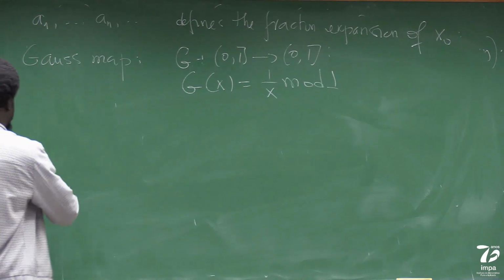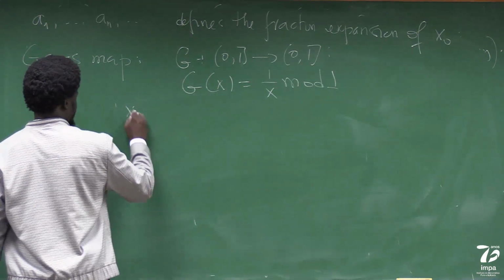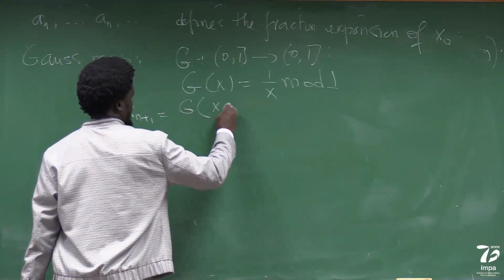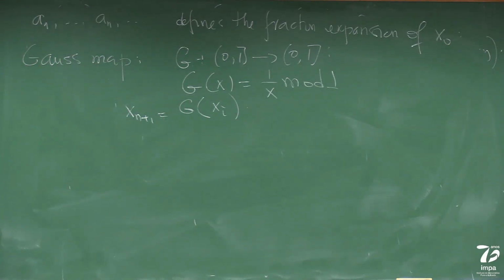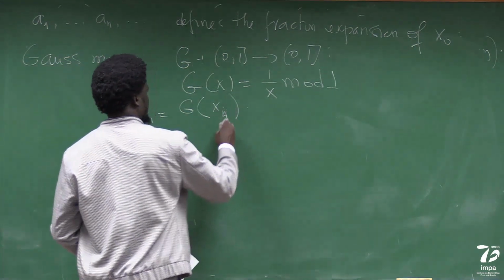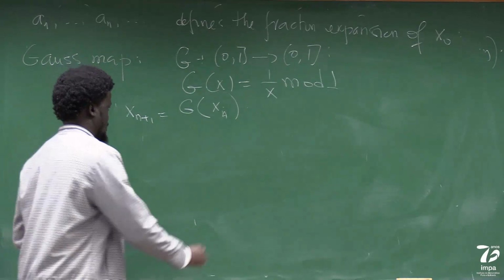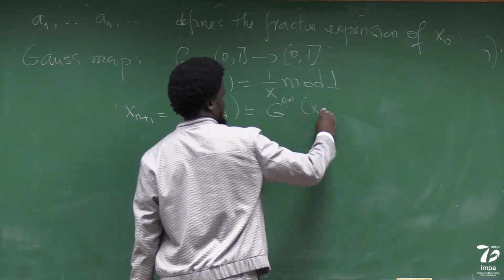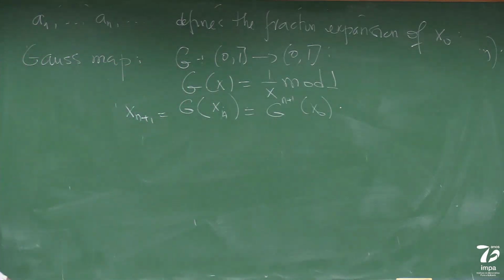So you can check that this sequence of xi's I defined, xn plus 1 is just G of xn. So the orbit of x naught gives some information about the fraction expansion here.